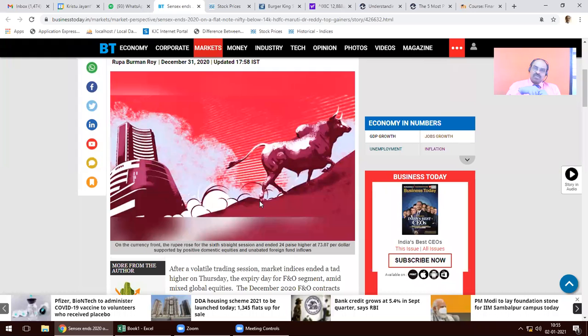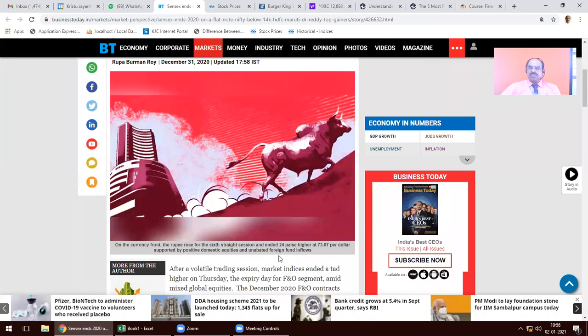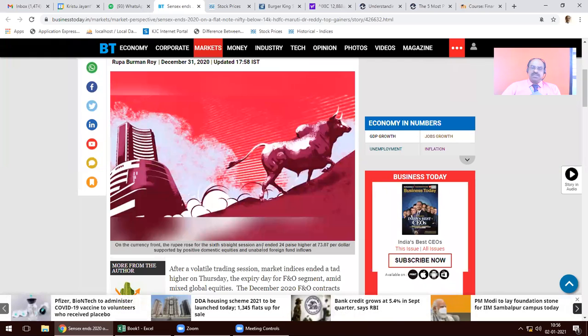Even though there were some problems, that is why it closed flat. Usually in one year it will go somewhat in an upward direction, the returns concept. But here, as per Business Today, these infographics clearly show how our share prices have moved.